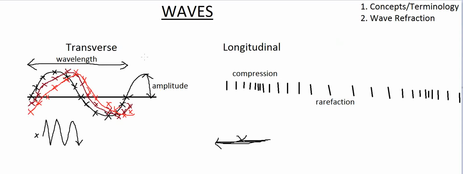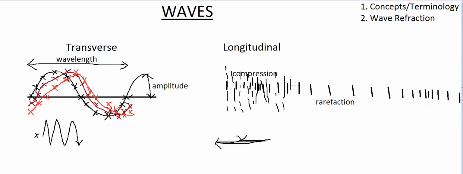Let's say this particle is at the position of equilibrium. This particle will be a bit further, this one a bit further, further until the compression. Then the next particle starts getting closer to the position of equilibrium, closer.